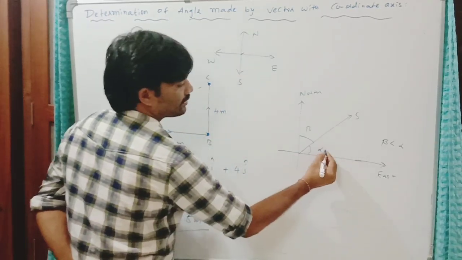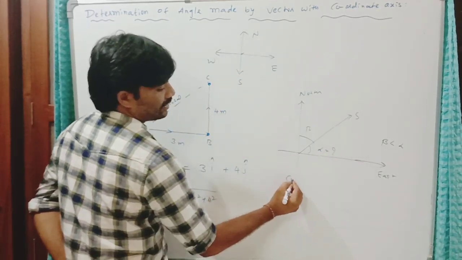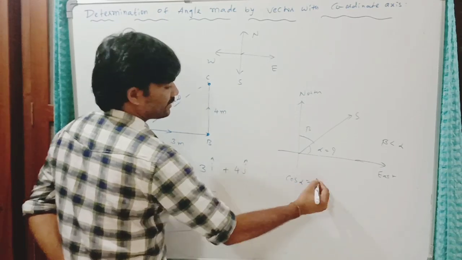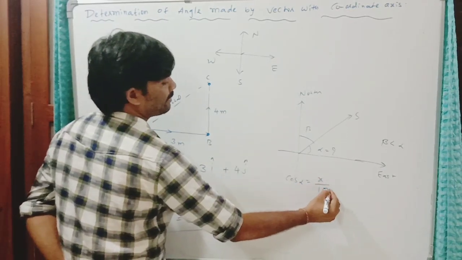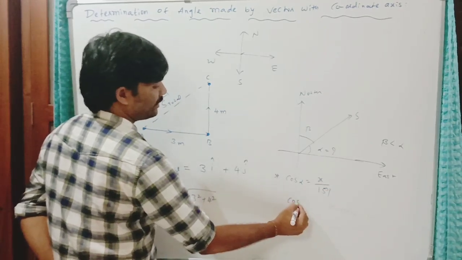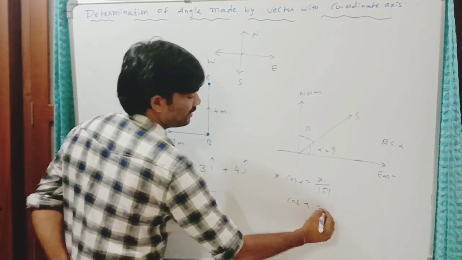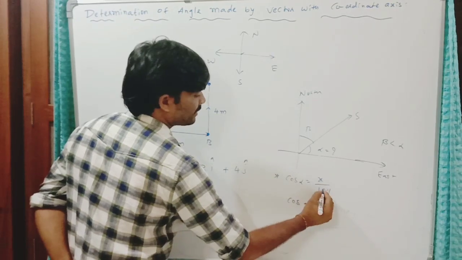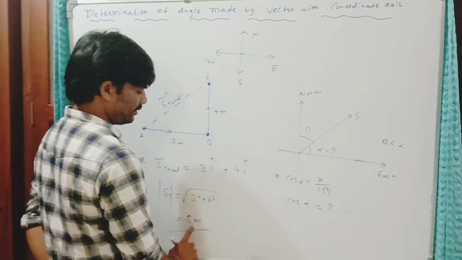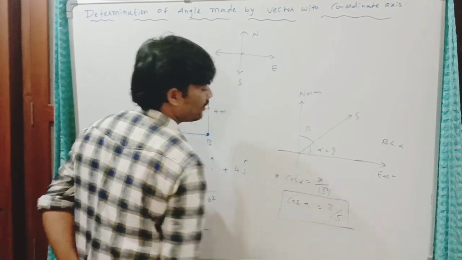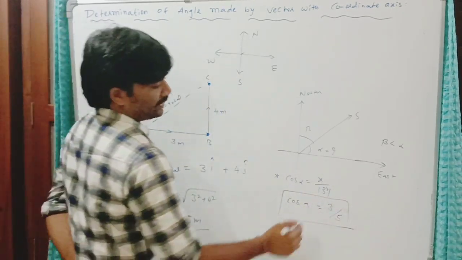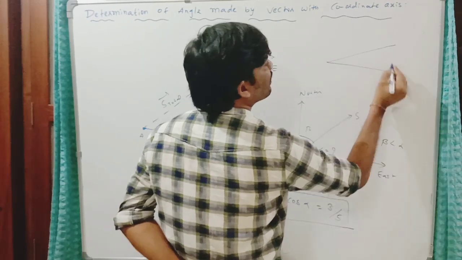Then let us find alpha. So cos alpha is x component by the magnitude of the displacement vector. What is x component? You can see here x component is 3 and magnitude of displacement is 5. So cos alpha equal to 3 by 5. So based on this triangle, you should remember this triangle.